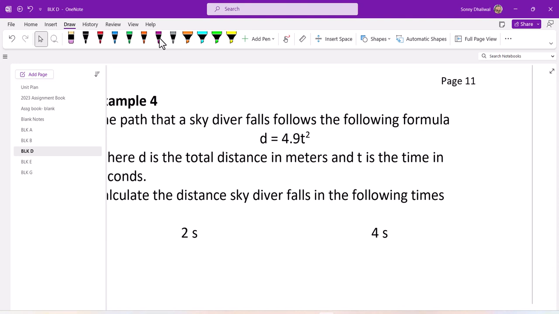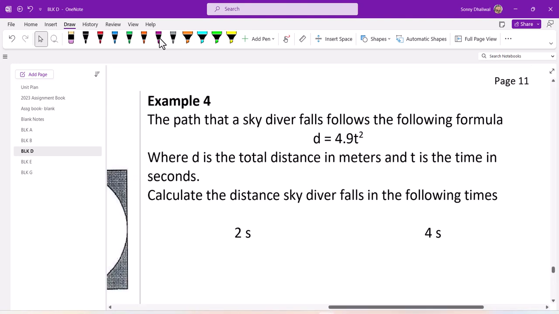So here is our formula. It says, hey, this is for a skydiver jumping out of a plane. Calculate the distance the skydiver has fallen after 2 seconds, after 4 seconds. It doesn't matter if I'm talking skydivers or a cannon ball being launched, they're going to give you a formula.